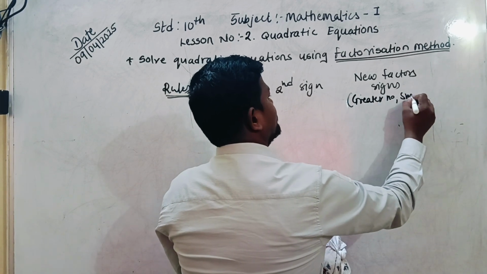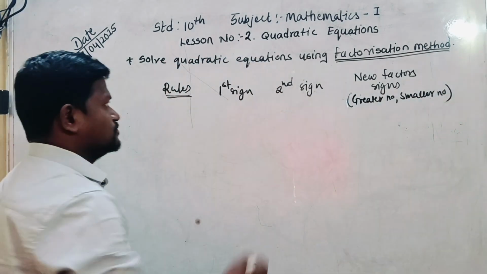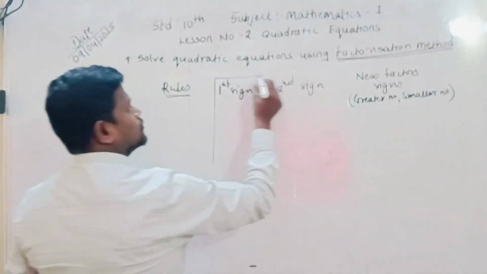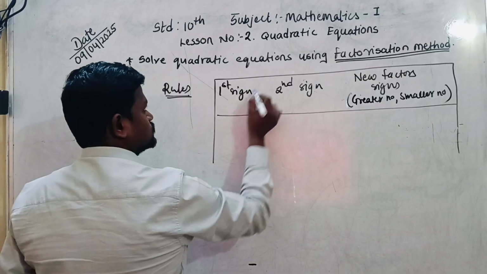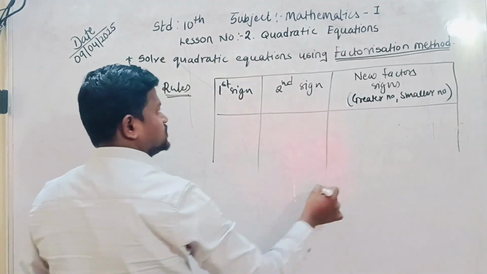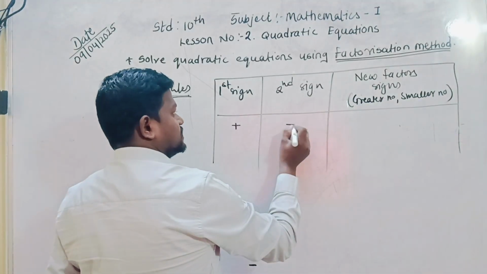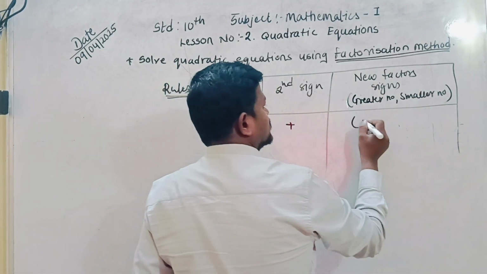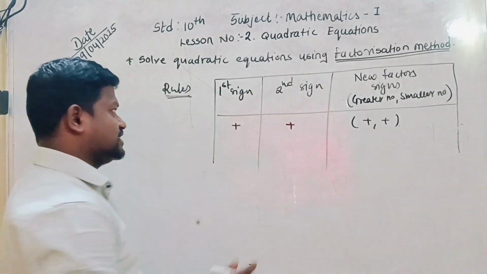Greater number, smaller number. Okay, so if first sign plus, second sign plus, then we give plus and plus for both new factors.